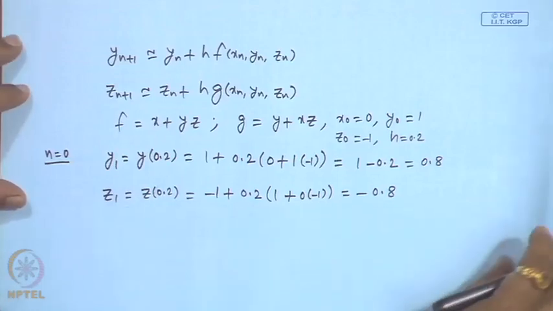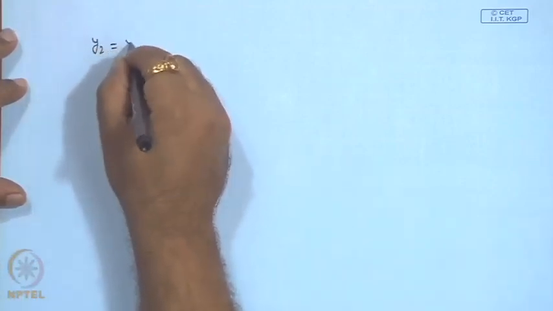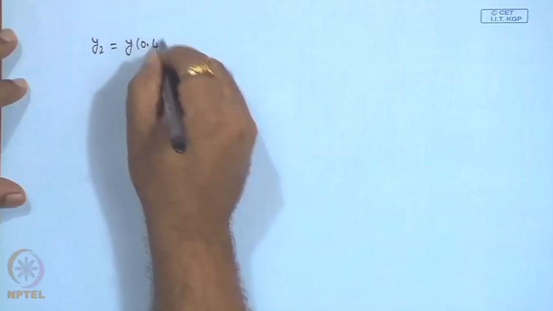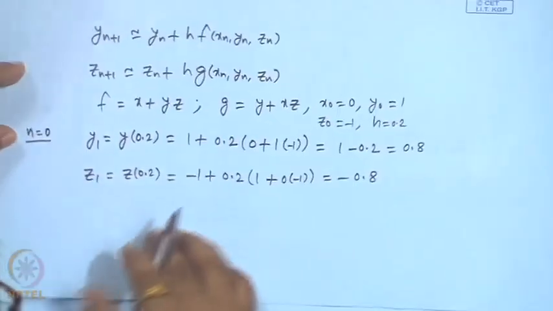Now, let us proceed one step. Y 2, at 0.4, is based on y 1, which we just computed.